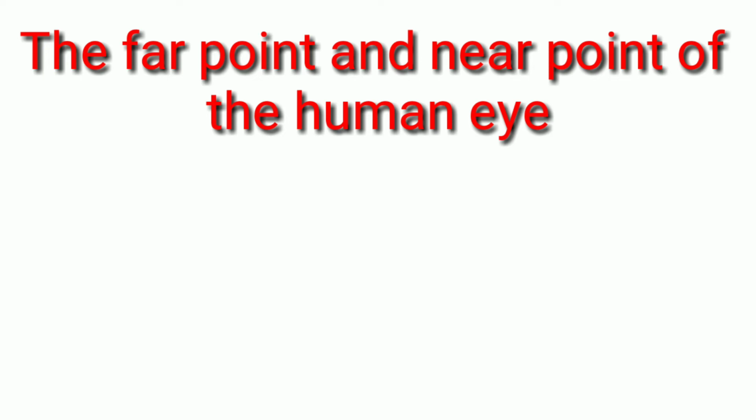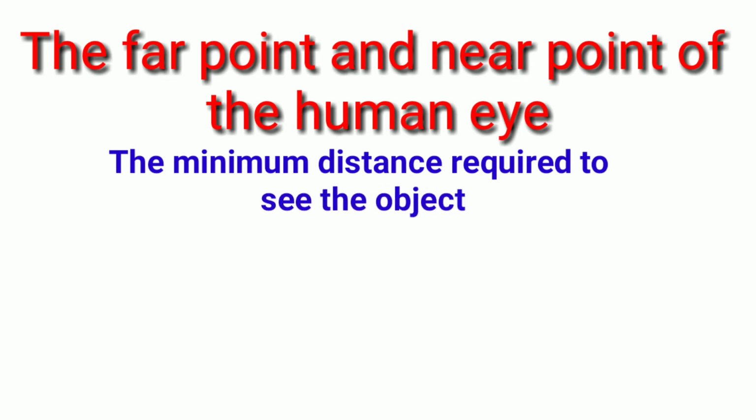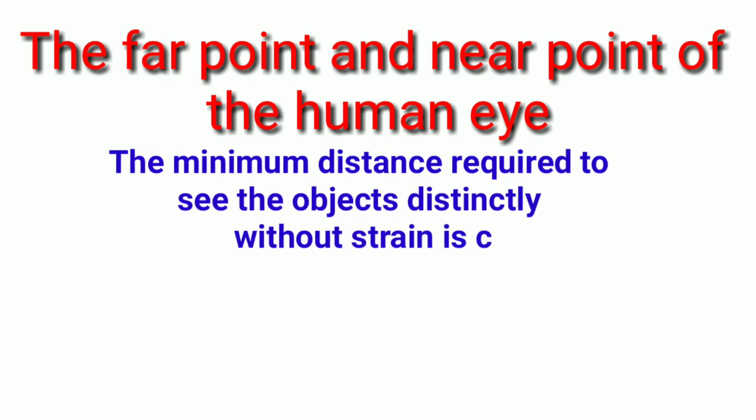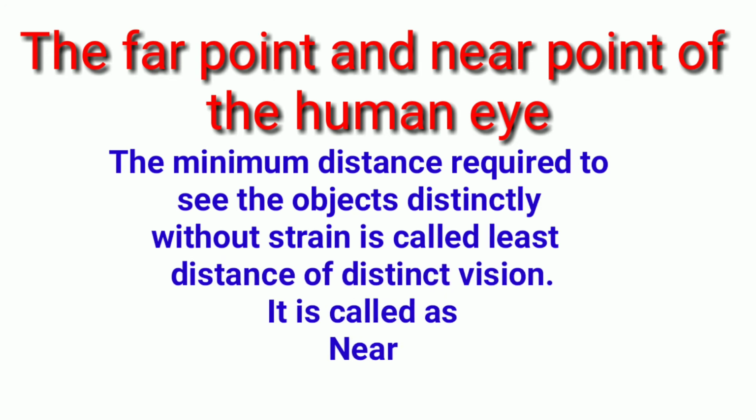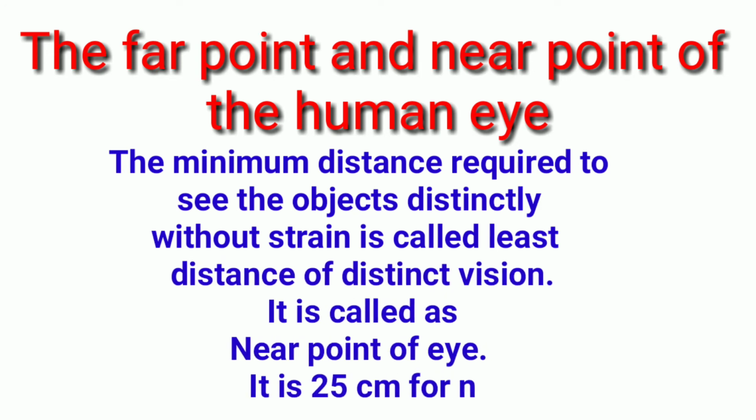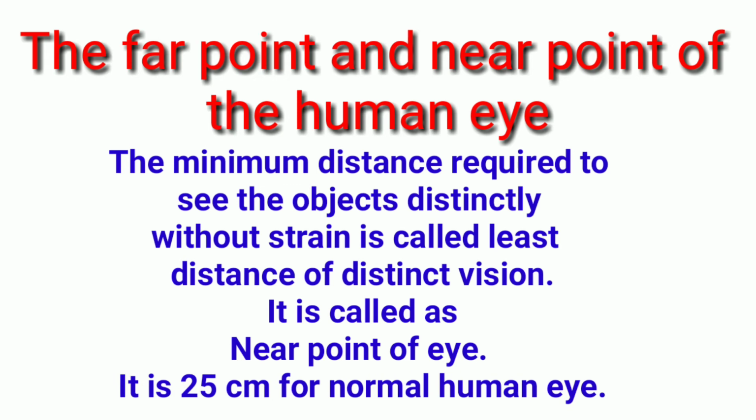Next one, the far point and near point of the human eye. Now see the topic near point of human eye. The minimum distance required to see an object distinctly without strain is called least distance of distinct vision. It is also called the near point of the eye.